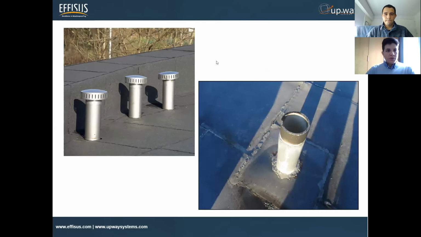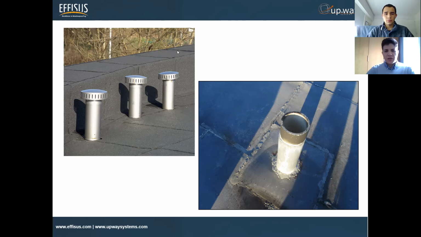When it comes to HVAC interventions, we see a lot of things specific to flat roofs. Today we focus on flat roofs, but these cases could be applied to other types of roof. We see a lot of pipes and crossing penetrations coming through the roofs, for many reasons.